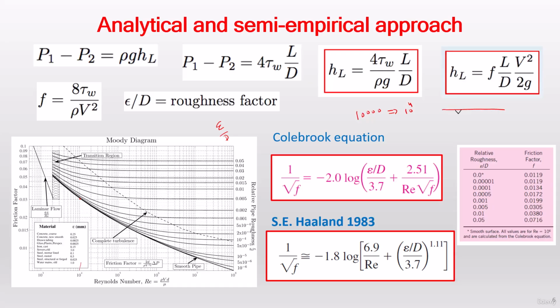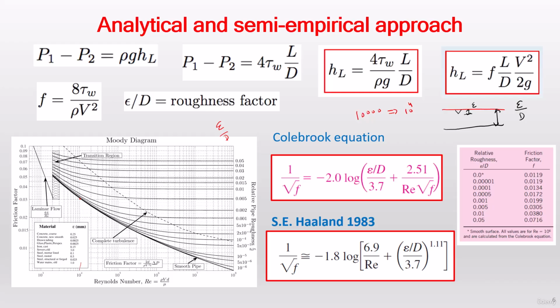They are random actually, they will not be of the same size. I'm just giving an example. This is the roughness height epsilon, and the pipe diameter is D. The important value right now is the relative value epsilon by D. This is called the relative pipe roughness.